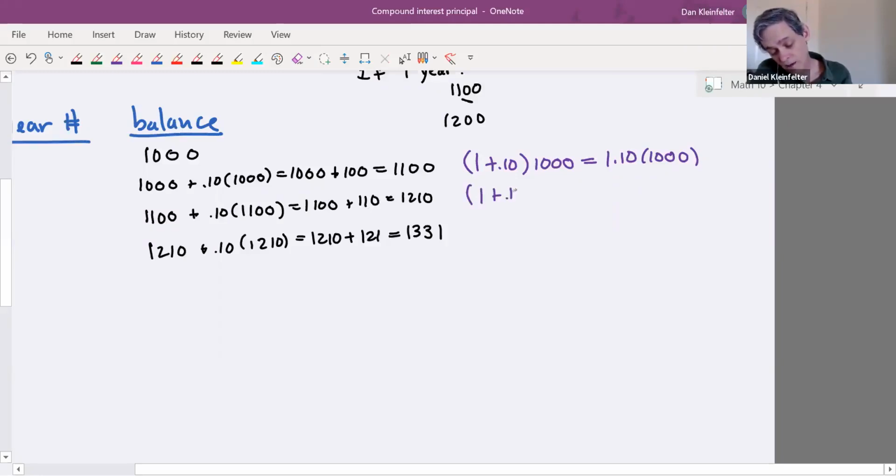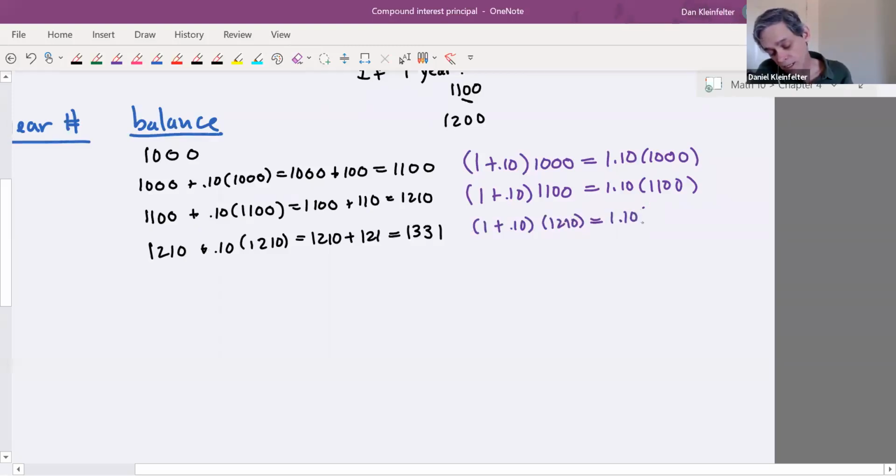So again, we'll factor out the 1,100, and that leaves 1.10. And then for the last row, I'm sure you can do this, we'll have 1 plus 0.10 times the 1,210.